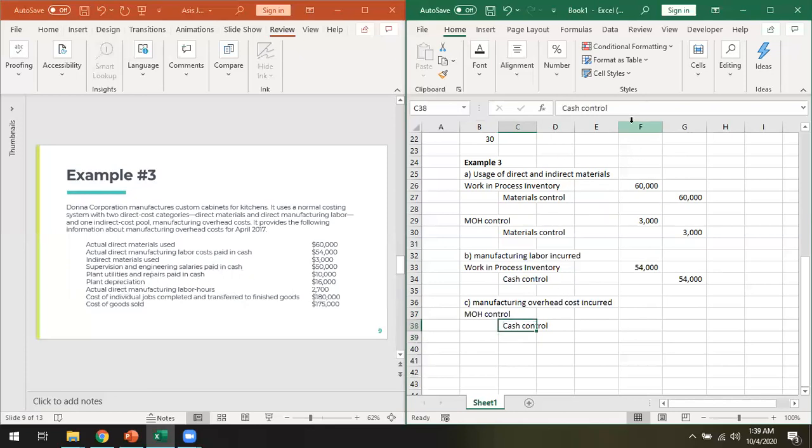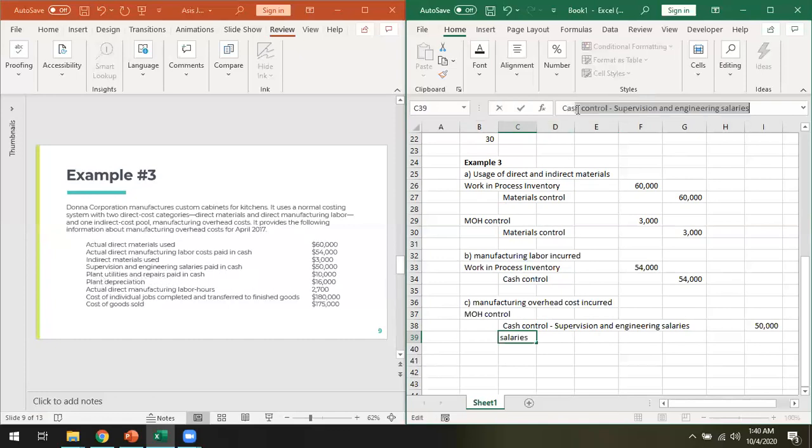I will put that so you know where this number came from. Supervision and engineering salaries. How much is it? Oh, $50,000. Okay. Also, we have plant utilities and repairs paid in cash.